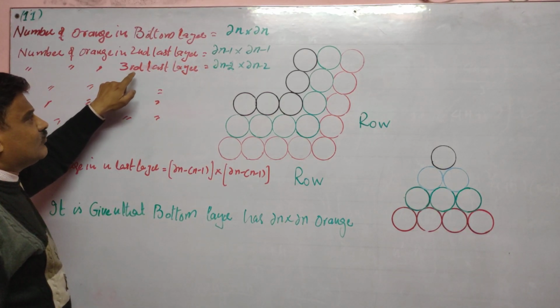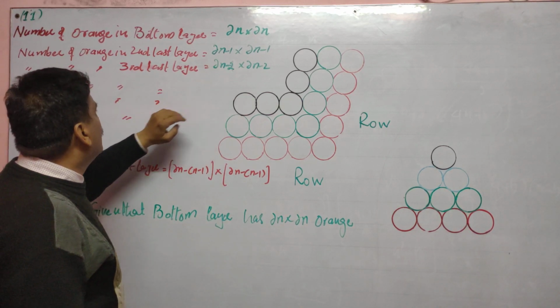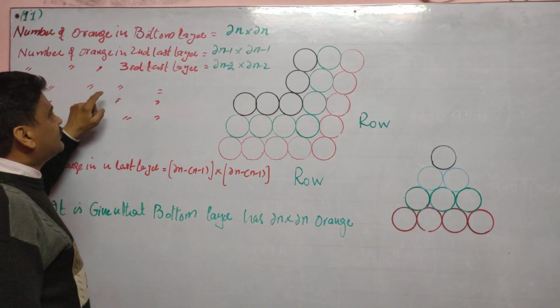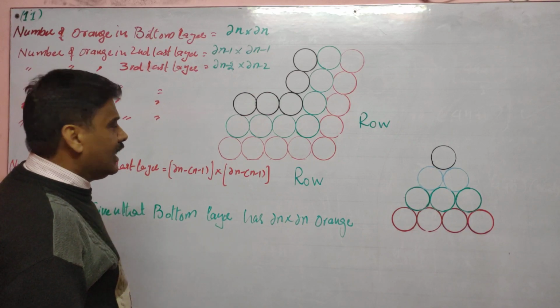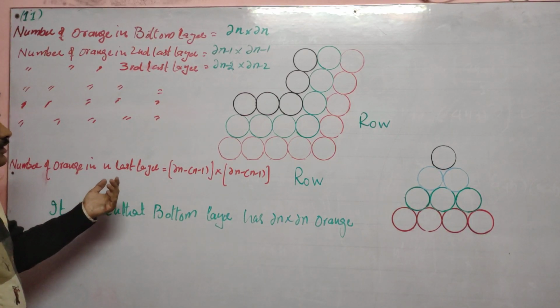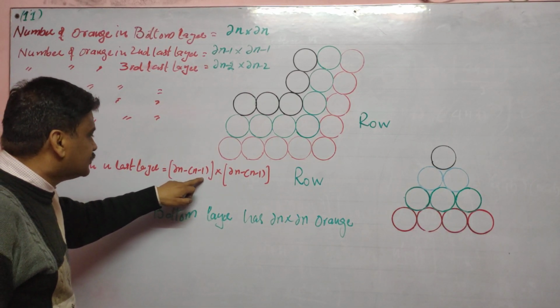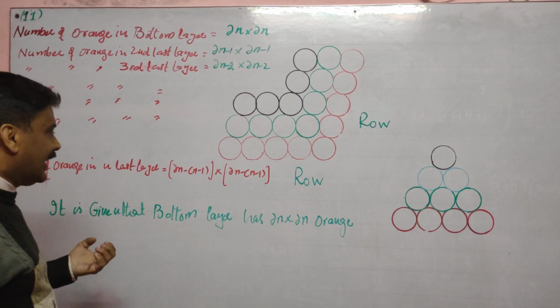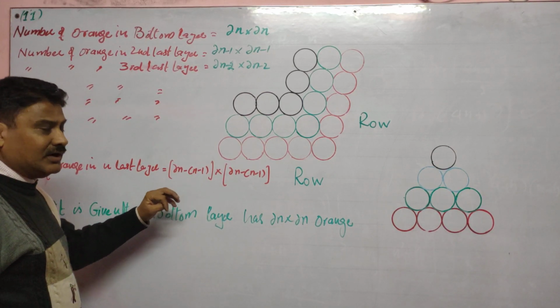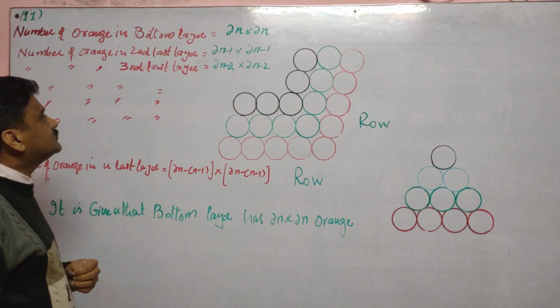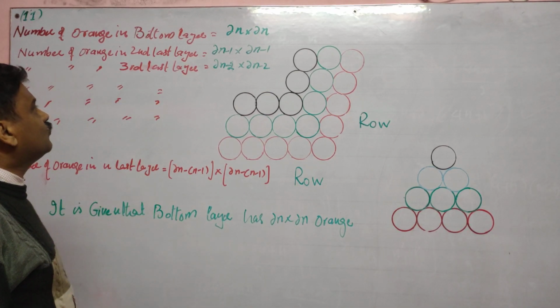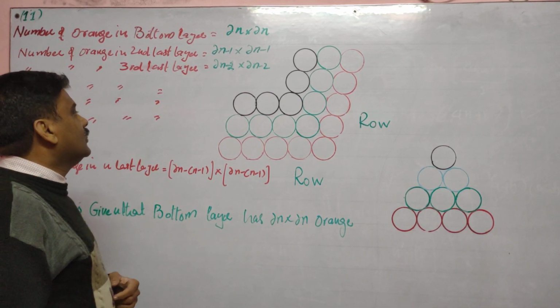For the third layer, we subtract 2. For the fourth layer, we subtract 3. And for the n-th last layer, we subtract n minus 1. We subtract n minus 1 from 2n. This is the symmetry to find the number of oranges.